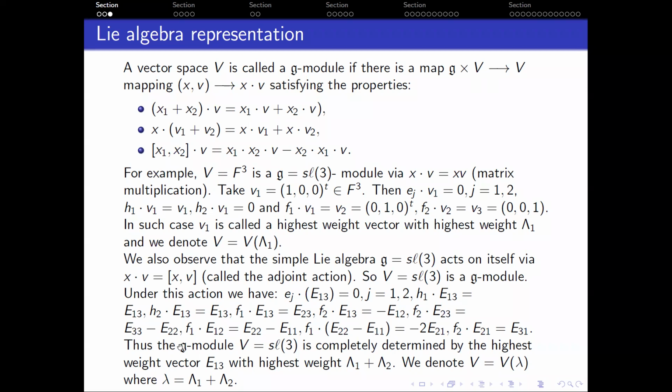And indeed, by letting the rest of the generators, F1, F2, act on E13, we can produce all the other basis vectors. So again, the adjoint representation is an irreducible representation, and it is a highest weight representation with highest weight lambda 1 plus lambda 2. We'll keep this one in mind for later use.